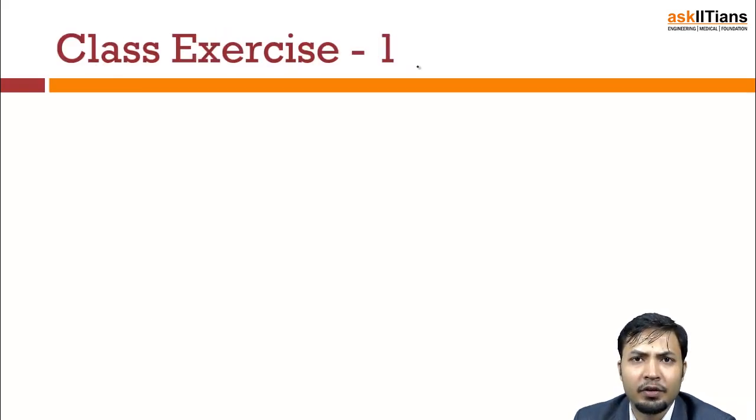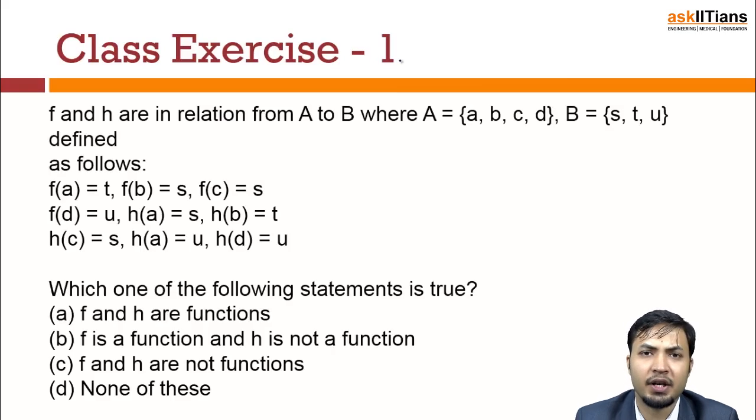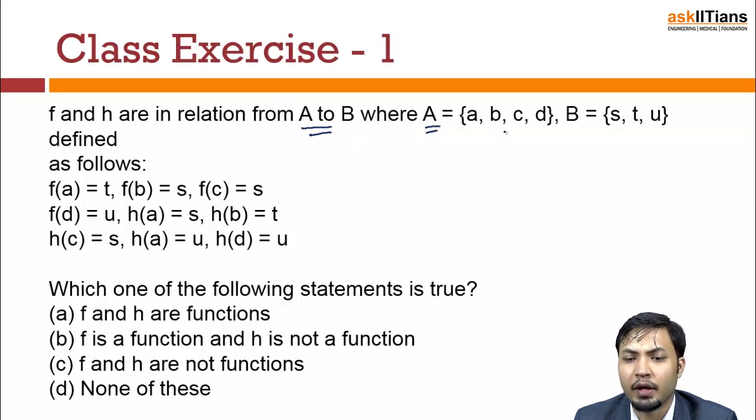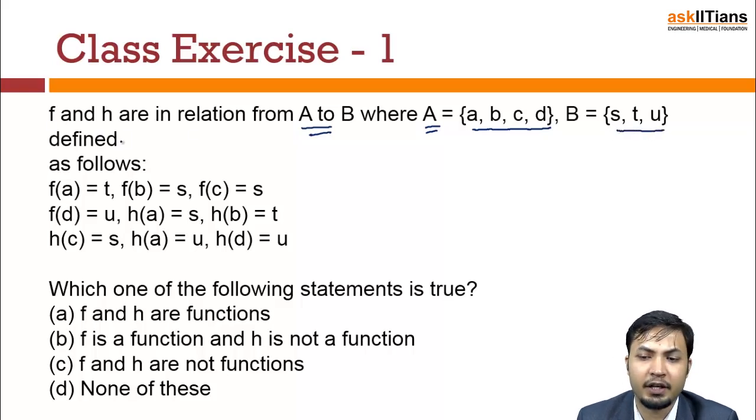Now, let's have a look at an example based on the topics that we have just discussed. We have already seen different examples. This is one exercise question. The question says that f and h are relations from A to B, where A is equal to {a, b, c, d} and B is equal to {s, t, u}. Now they are defined as follows.